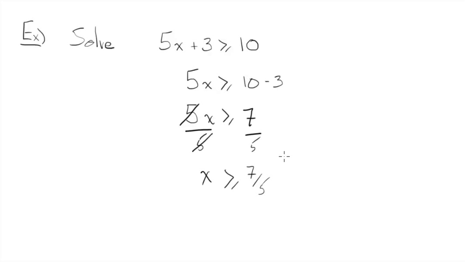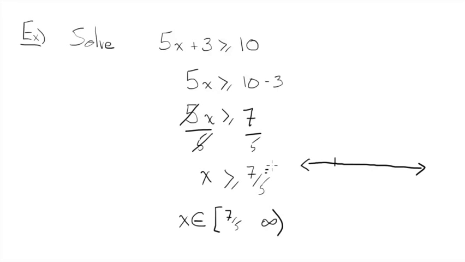So any number bigger than or equal to 7 over 5. If you wanted to write this in interval notation, you'd say x is an element of the set, and now we have to use a square bracket because we're including the number 7 over 5, all the way up to infinity. Infinity always gets a round bracket. Or if you wanted to illustrate this on the number line, it might help to know where 7 over 5 falls. Well, 7 over 5 is equal to 1.4.